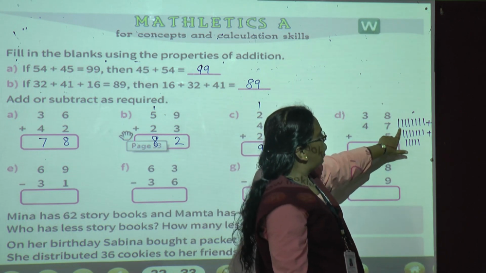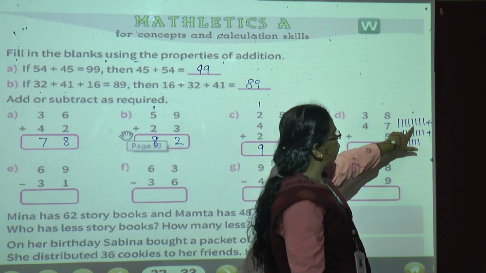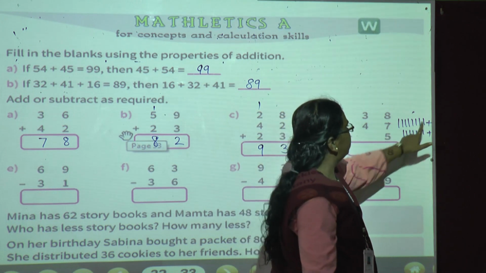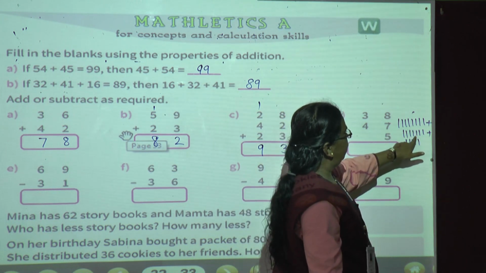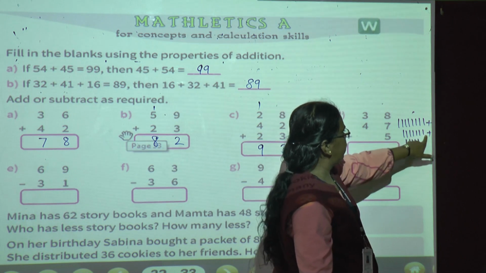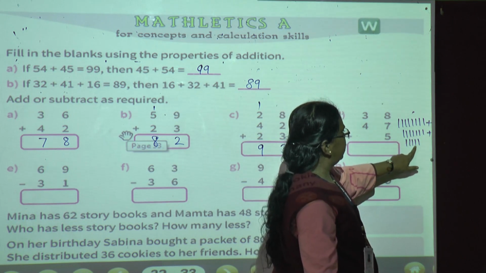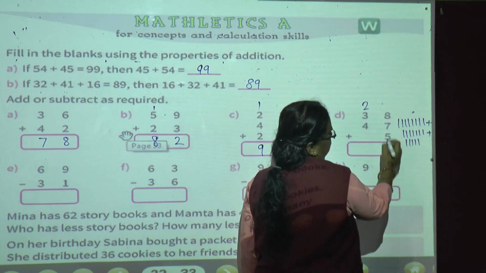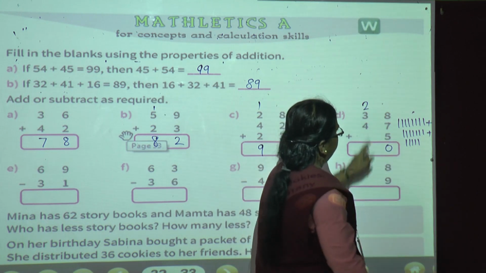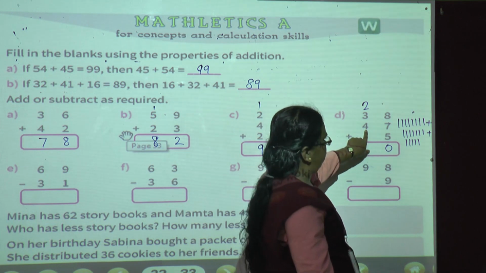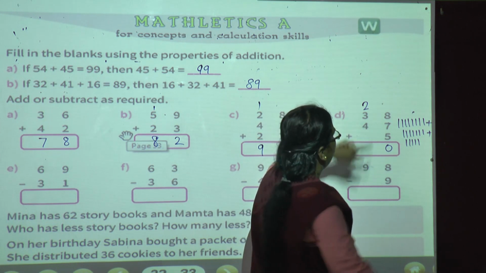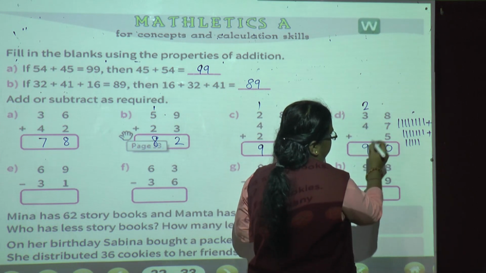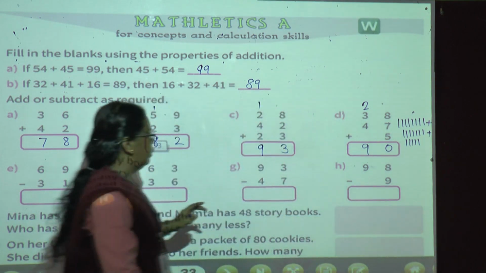Come on. 1, 2, 3, up to 20. So here 0 and carry 2. Then 3 plus 4 is 7. 7 plus 2, 8, 9. In this way you will solve.